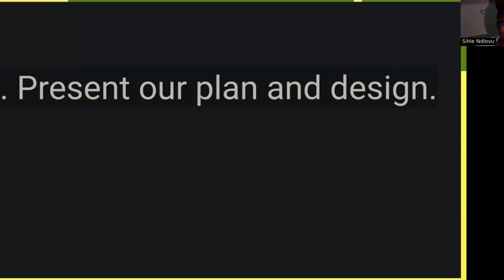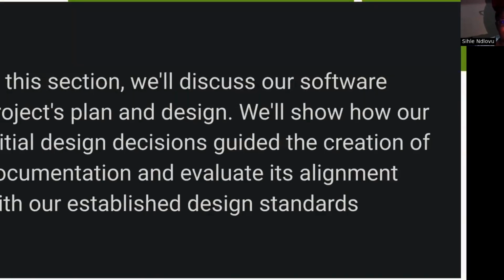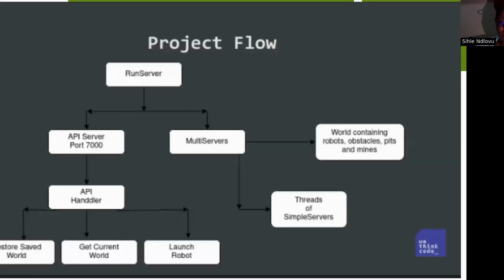Secondly, I will present our plan and design. In this section, we'll discuss our software project's plan and design. We'll show how our initial design decisions guided the creation of documentation and evaluate its alignment with our established design standards. Now, this was our design.